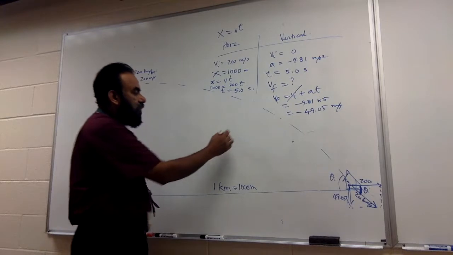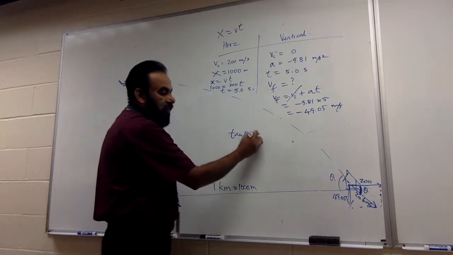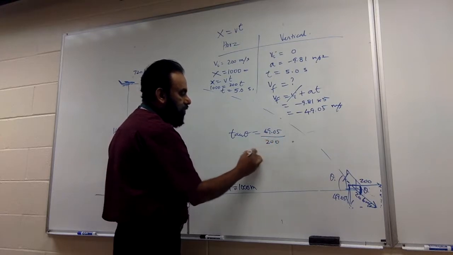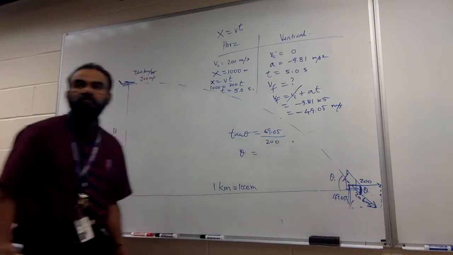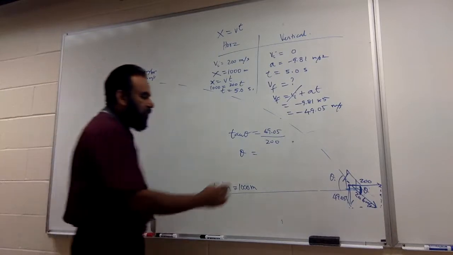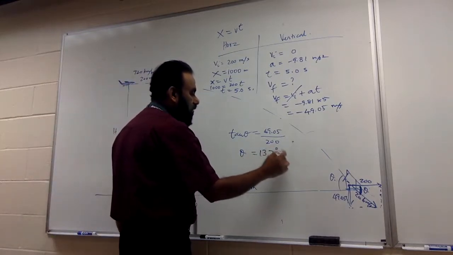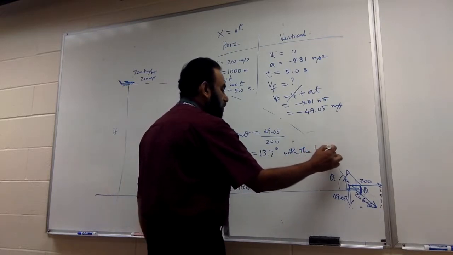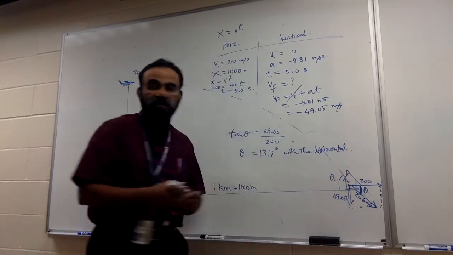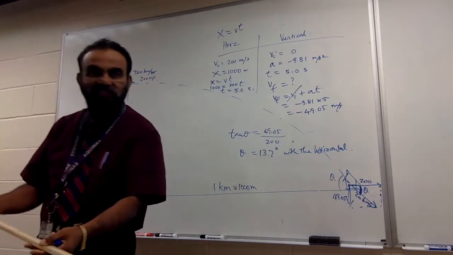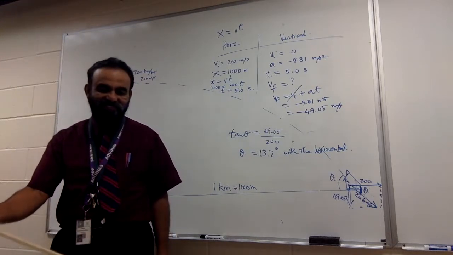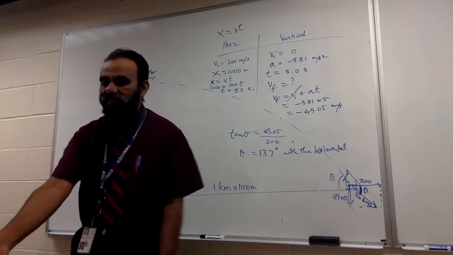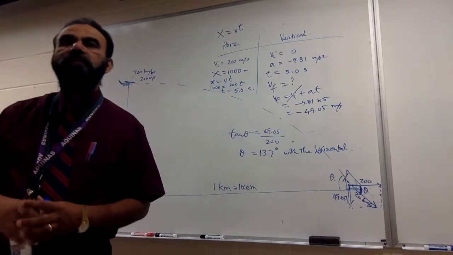So tan of theta is equal to 49.05 divided by 200. So theta is 13.7 degrees with the horizontal. It's a very small angle, something like that. So the bomb is coming from the side. It's all because of the height.